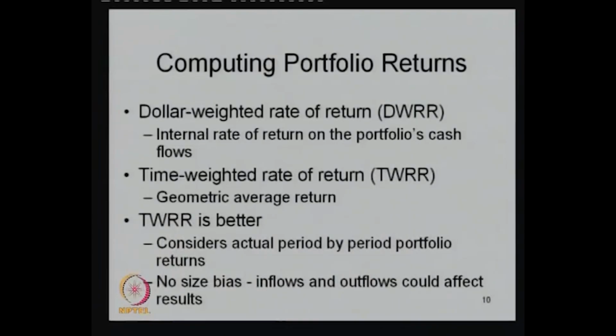According to experts or analysts, the time weighted rate of return is always better, because it considers the actual period by period portfolio returns, with no size bias from inflows and outflows that could affect the results. In the first case, we gave more importance on the basis of the cash flow, but here we have not given any kind of bias; we have not put any weightage on the basis of cash flow or the income you are receiving. Therefore, there is no such size bias.